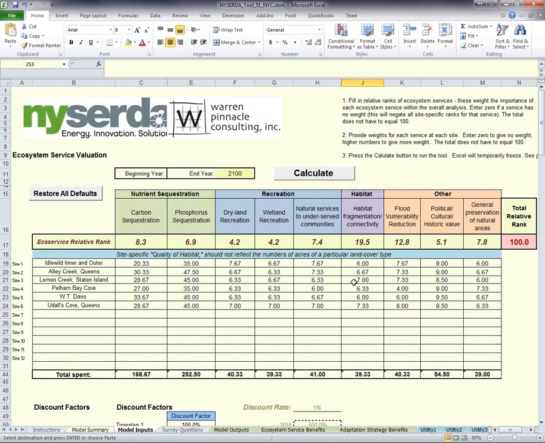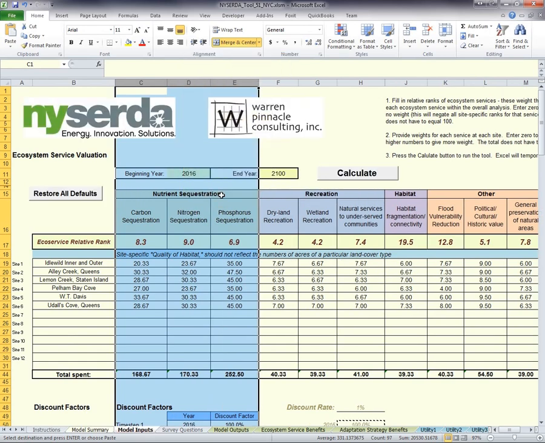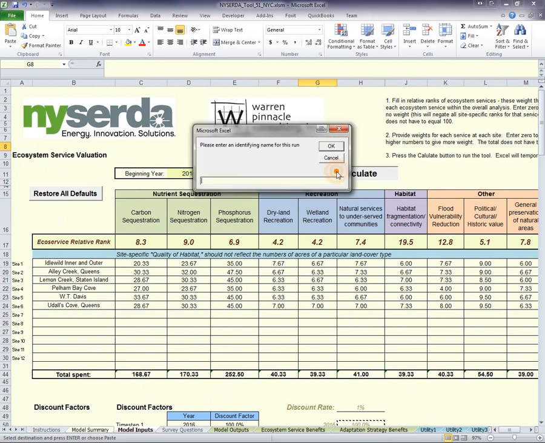That might have an impact on the results. So if we go ahead and, I don't know why that got hidden. If we go ahead and calculate, we'll call this discount rate. Select OK.